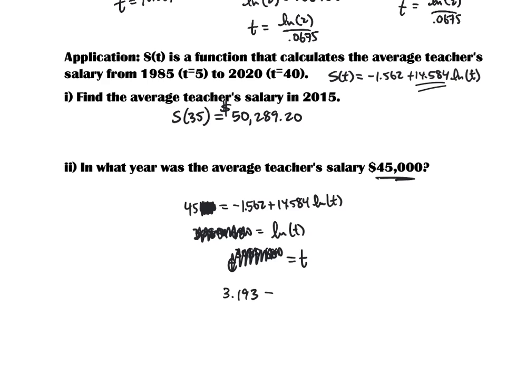That's making a lot more sense to me. That equals ln of t. You should take some context clues when you're working through these problems. The t value would be about 24, which in the context of the problem, what is that? That's 19 years after 1985, which would be 2004.